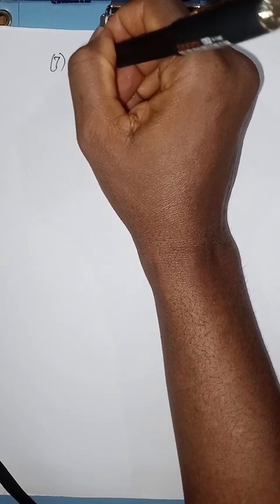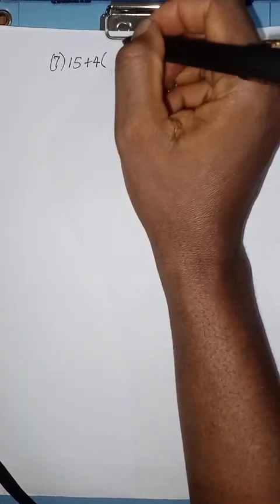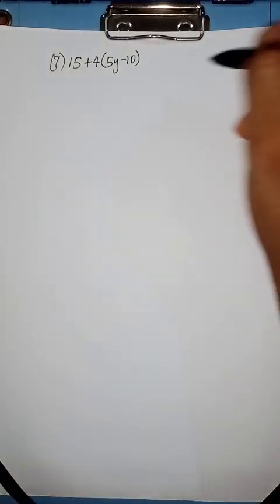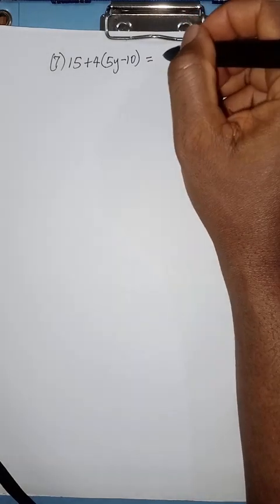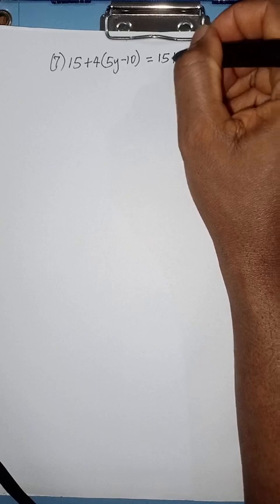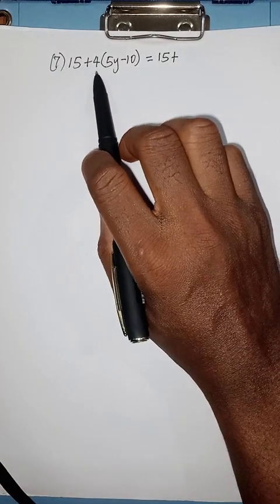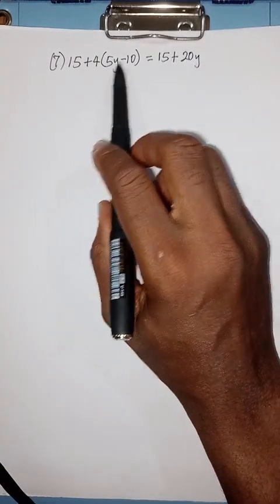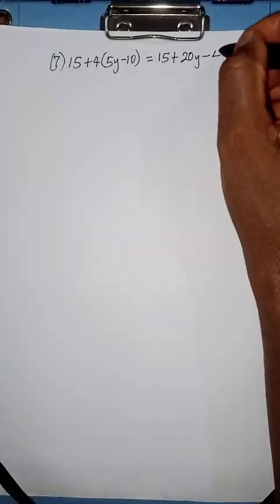Now I am moving to number 7. Number 7 question is 15 plus 4 open bracket 5y minus 10. If I have a question like this, what do I do? Expand the bracket. 4 times 5y is 20y. 4 times minus 10 is minus 40.